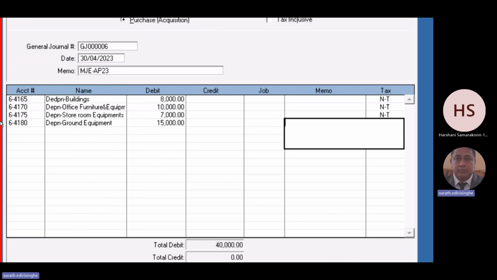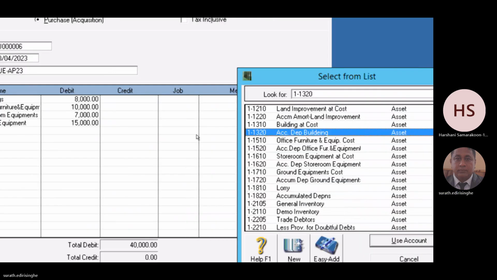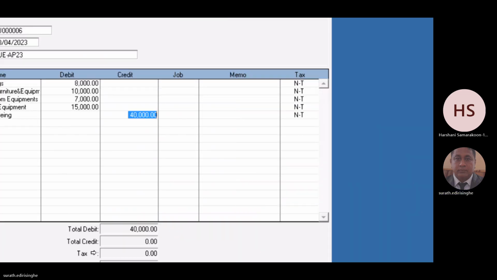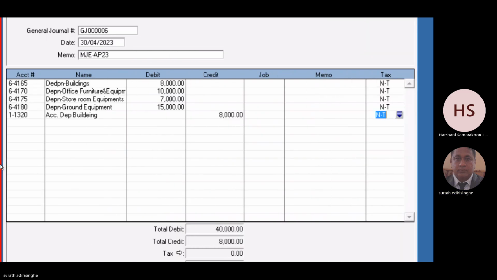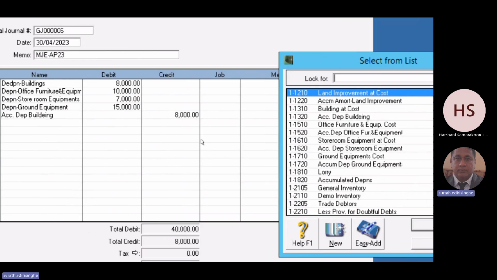Right. Now credit amount. Credit on first one. Correctly you credit accumulated depreciation on building, $8,000. Take the total amount. You insert here 8,000. Next one. Office furniture. Look at here, second one, office furniture.